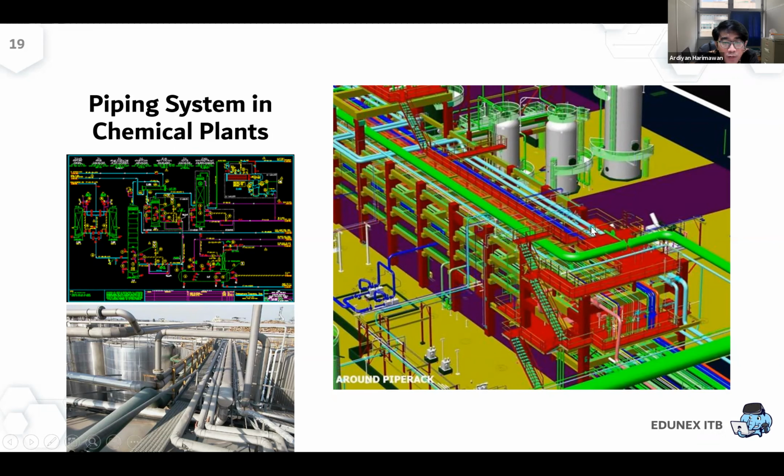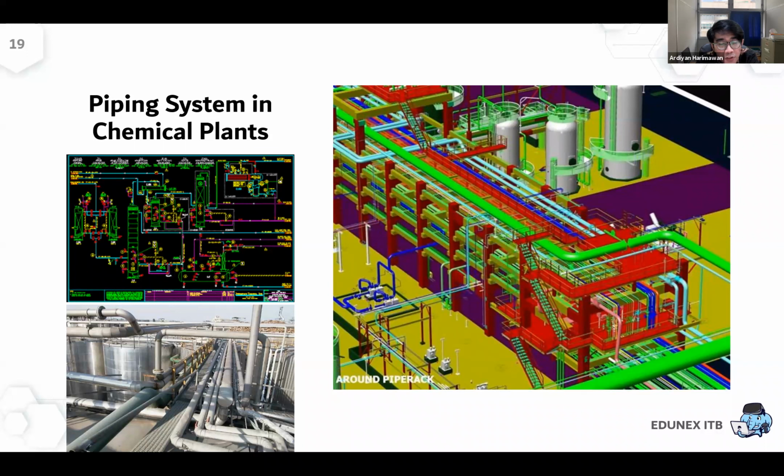That's why, in order to be able to design the correct piping system in certain chemical plants, you need to understand fluid mechanics. What will be the properties of the fluid? What will be the pressure at the source, at the tank of the raw materials?